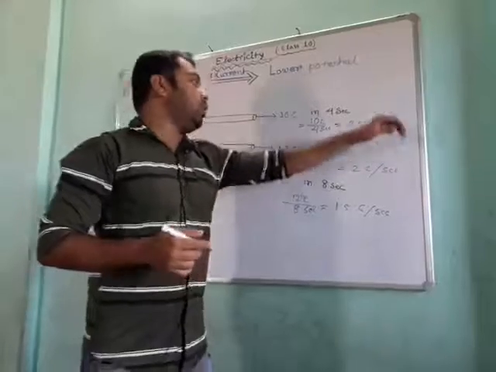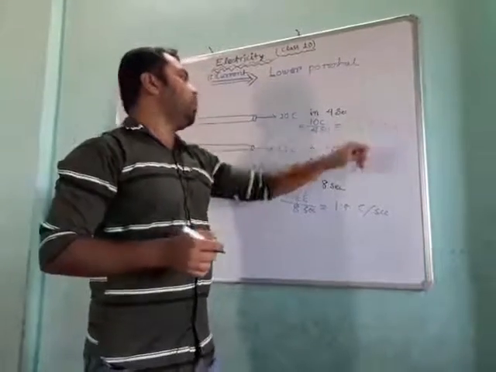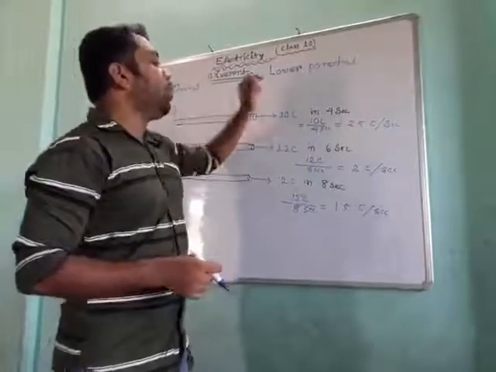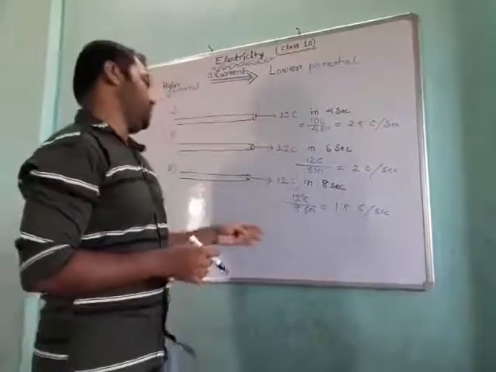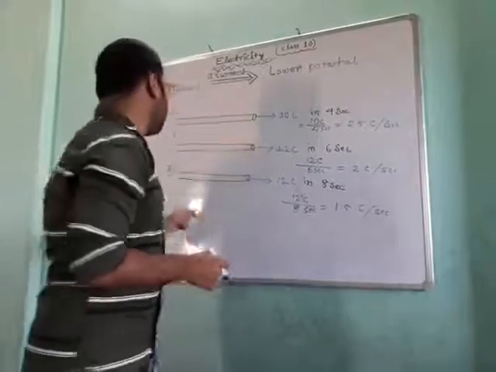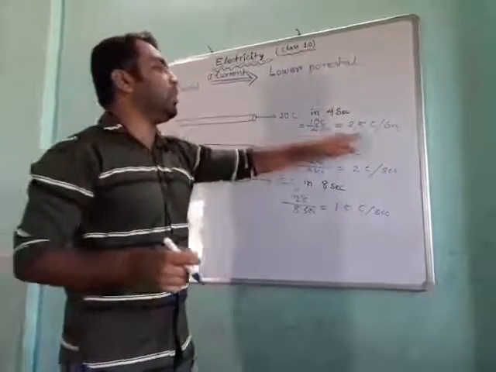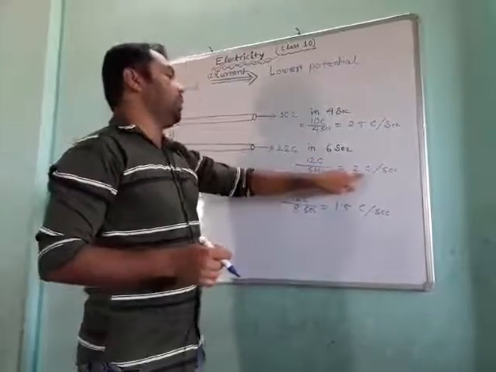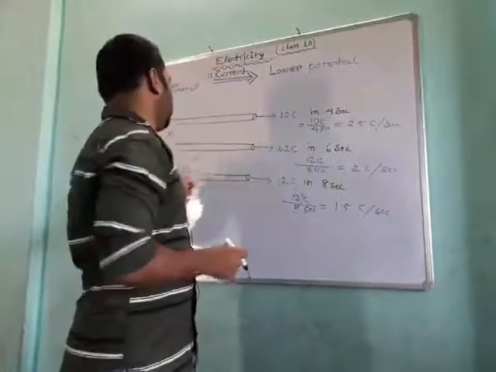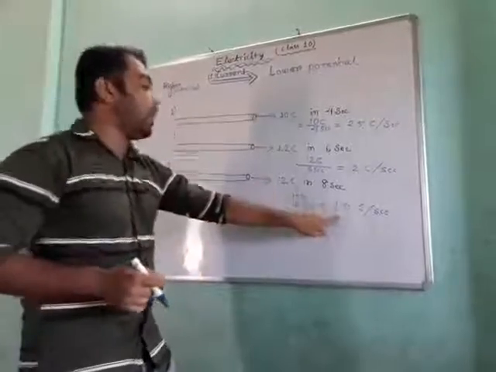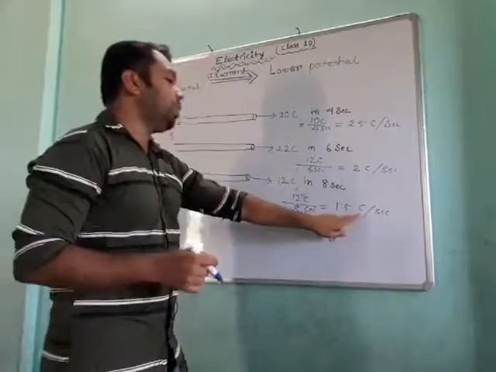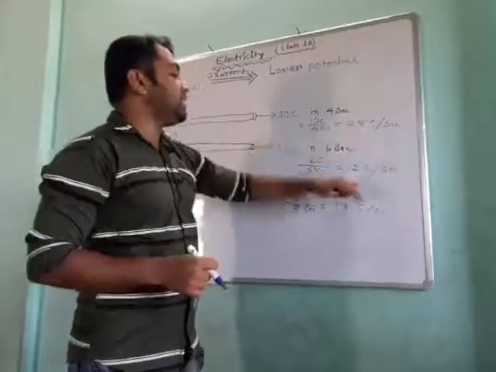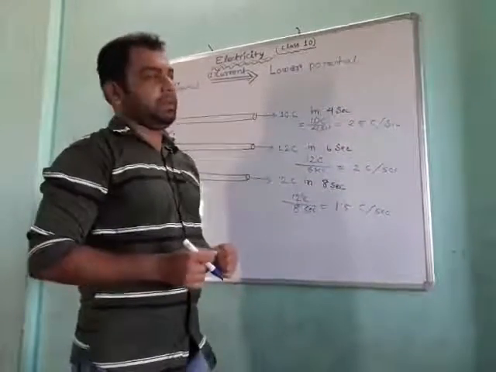Now we know how much current is flowing in 1 second through every wire. Through the first wire, it is 2.5 coulomb. Through the second wire, it is 2 coulomb in 1 second. Through the third wire, it is 1.5 coulomb in 1 second. And this is the magnitude of current.